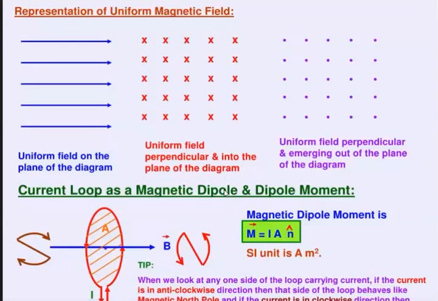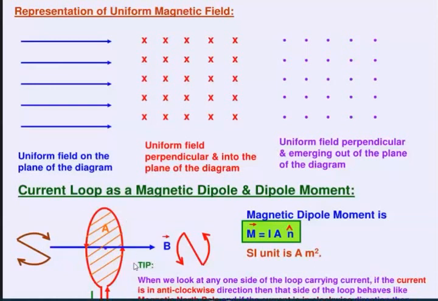That is not possible, because anything which has magnetic dipole moment 0 will have 0 magnetic field. Here the magnetic field is non-zero, so we cannot say that the magnetic dipole moment of the loop is 0.